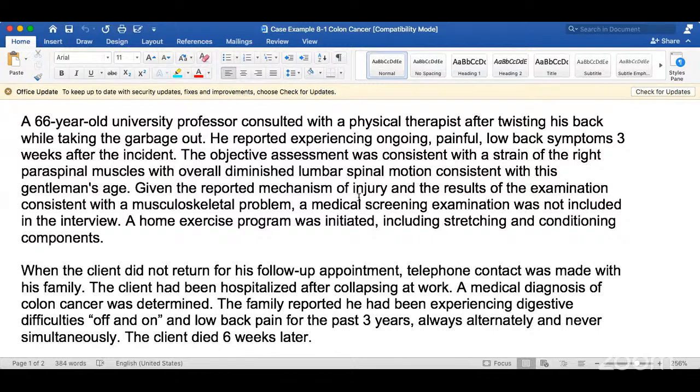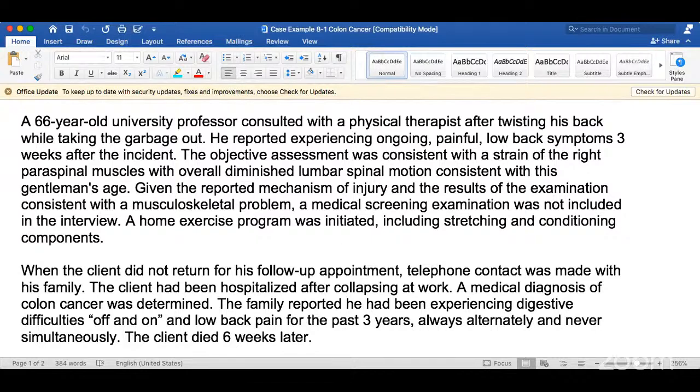The client had been hospitalized after collapsing at work. The medical diagnosis of colon cancer was determined. The family reported he had been experiencing digestive difficulties off and on and low back pain for the past 3 years, always alternately and never simultaneously. The client died 6 weeks ago.